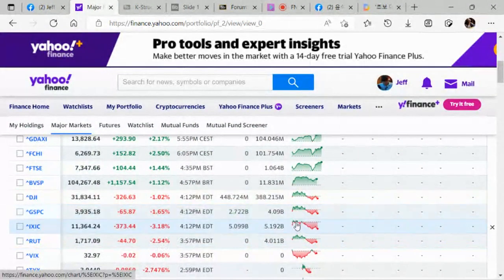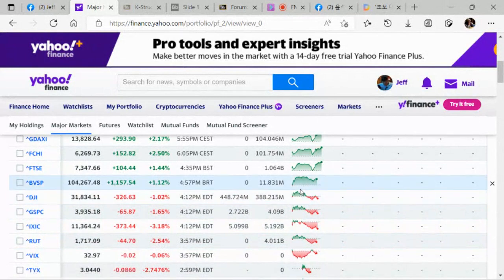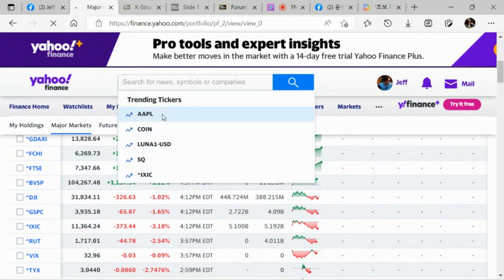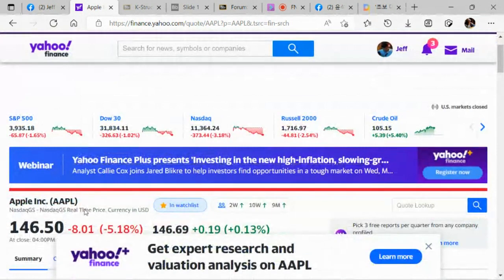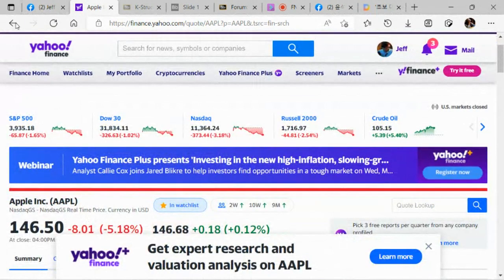They all started out with some gains, and then by the end of the day, it turned. But anyway, the point is, how much is Apple today? Yeah, 146.